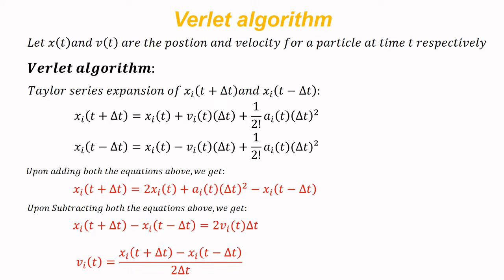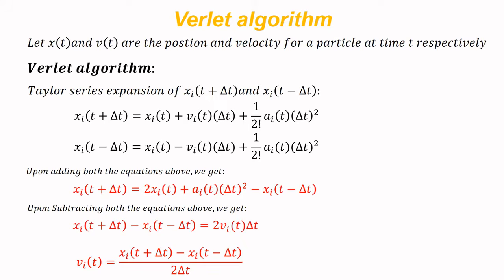Okay, so now I will add both these equations written over here. When I add these equations, what I get is the position of the particle at time t plus delta t equal to 2 into the position of the particle at time t plus the acceleration of the particle at time t into delta t square minus the position of the particle at time t minus delta t.